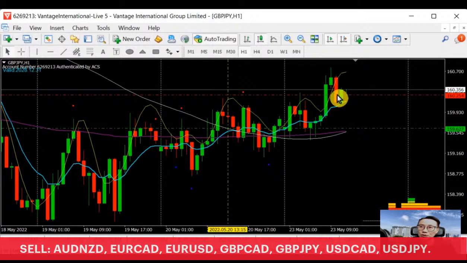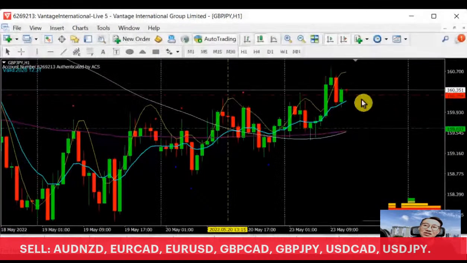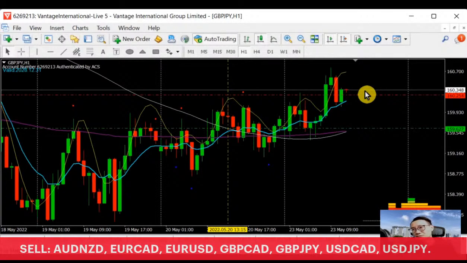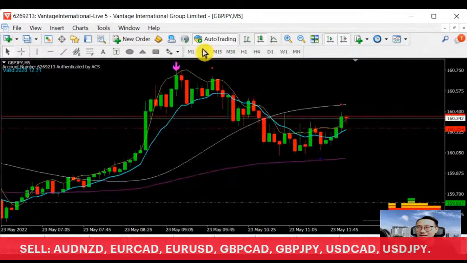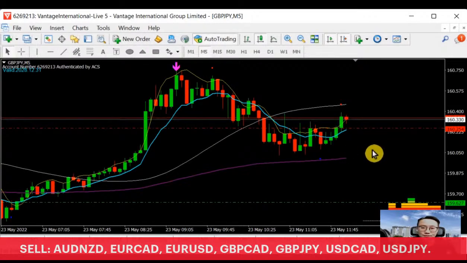Then the support came on the aqua line, and H1 is actually opening above the resistance area. Does it look good? Not really, unless the next thing, M5 comes back below the resistance, then it retests, then it will have a good chance, right? So that is one thing we have to pay attention to.